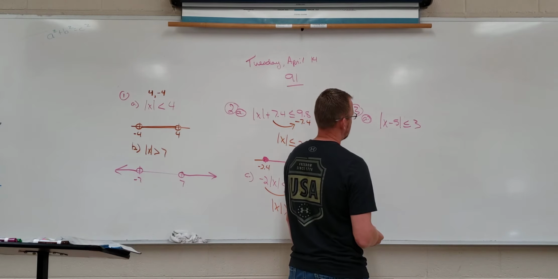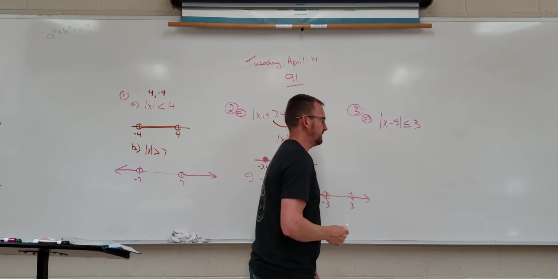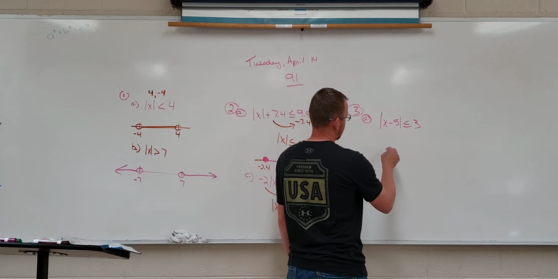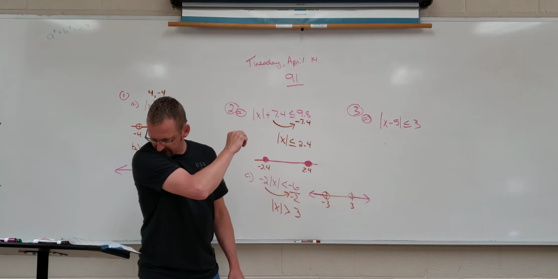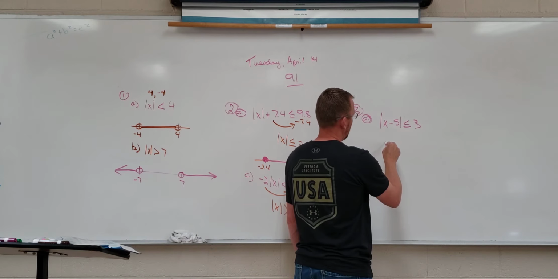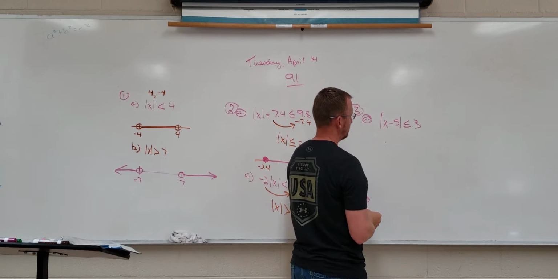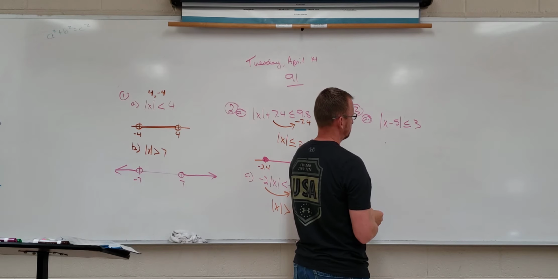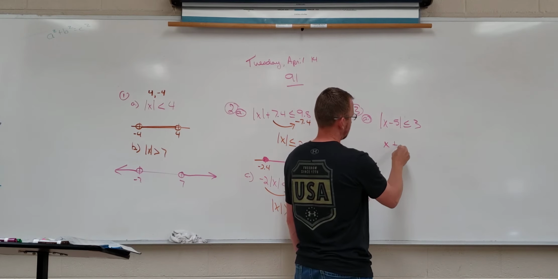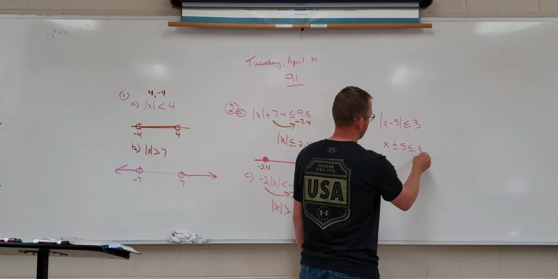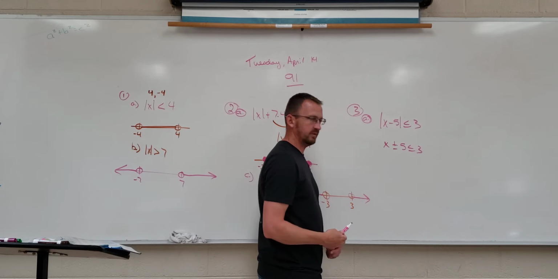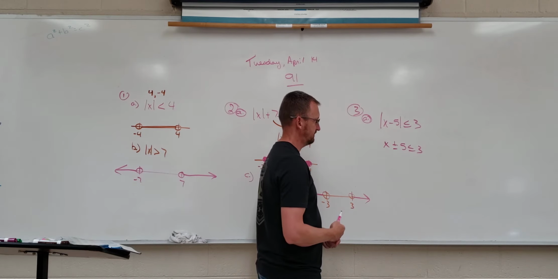Well, here's where you have to use your brain a little bit. Okay? We know we're still dealing with absolute values, and it's going to be less than or equal to 3. So we have to say that what minus 5 is going to give us 3. So technically, we could remove the absolute value and say x plus or minus 5 is less than or equal to 3. And then we have to do both of those. We need to add 5 to 3, and we need to subtract 5 from 3.